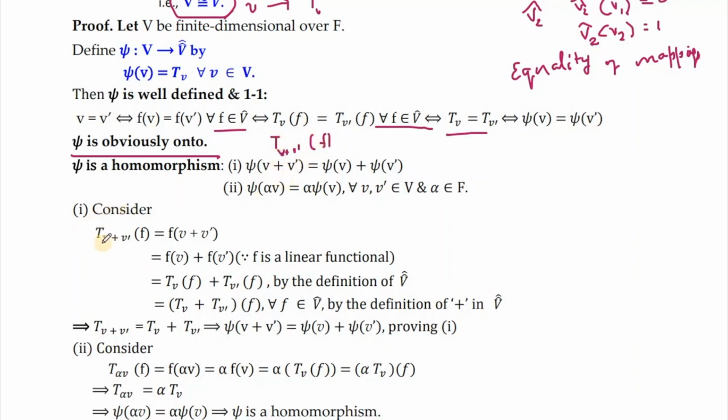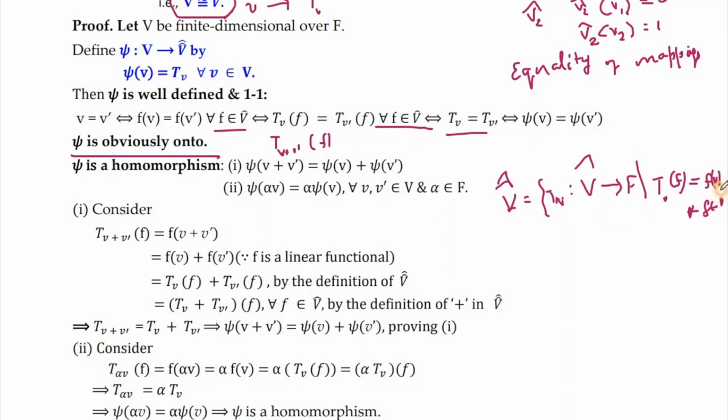So that is why we consider T suffix V plus V prime of F. By the definition of V double cap, which is the collection of all TV's from V cap to the field, TV of F is defined as F of V for every F in V cap.